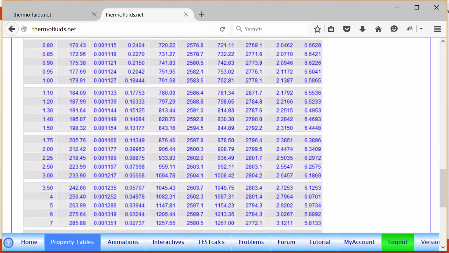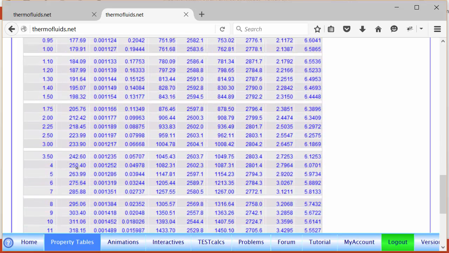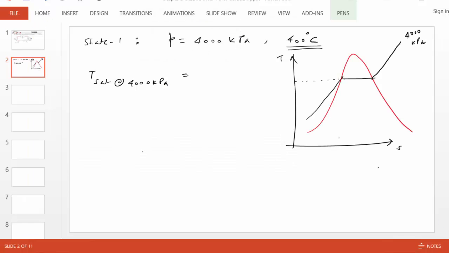At 4 MPa, the saturation temperature is 250.4, about 250 degrees Celsius. Remember, steam tables are in Celsius, not in Kelvin. So this temperature is only about 250 degrees Celsius, and our state 1 is 400, so it's way above that. State 1 will be somewhere here.